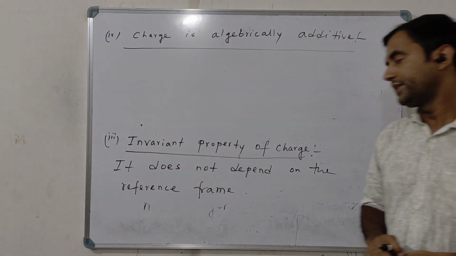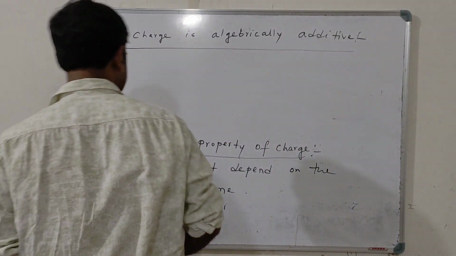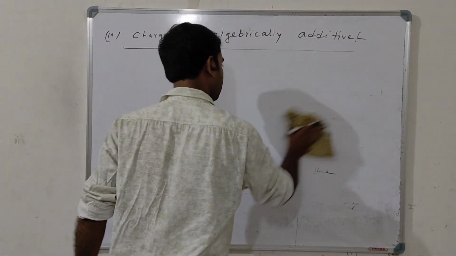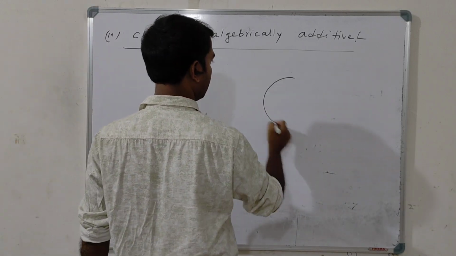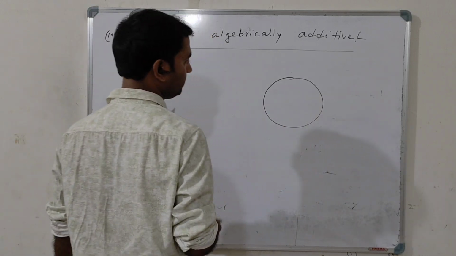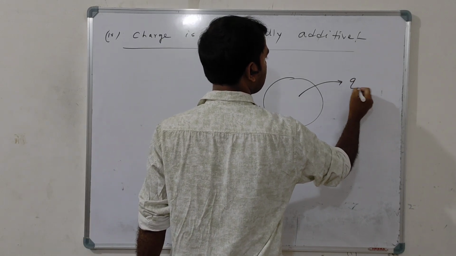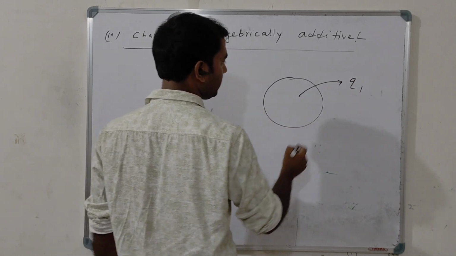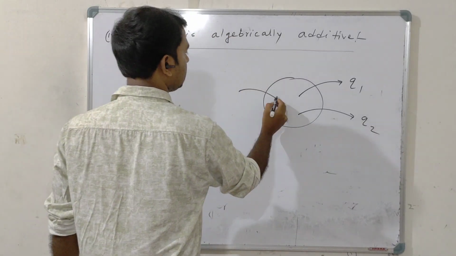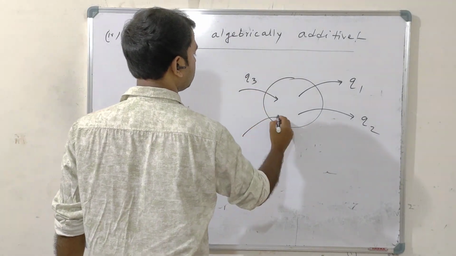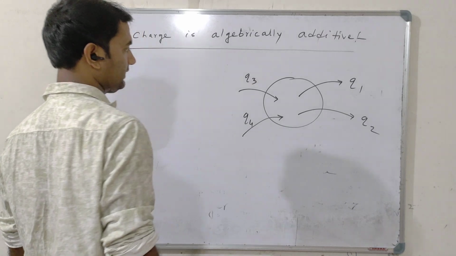We consider a system. Charge Q1 is going out from it, Q2 is also going out from it, Q3 is entering the system, and Q4 is also entering the system.